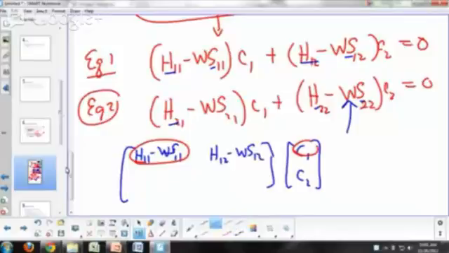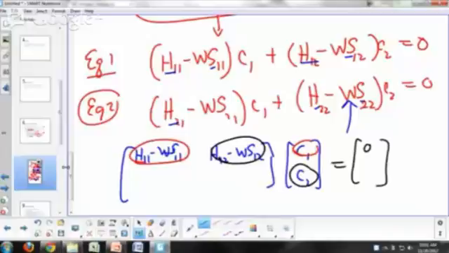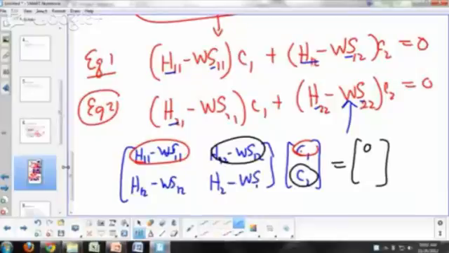So this term right here times this term would be equal to 0. Okay, and then H12 minus WS12 times C1 plus H22 minus WS22 times C2 is also equal to 0. So this is the matrix form of your two simultaneous equations.